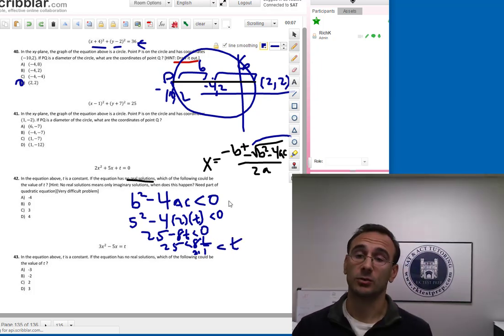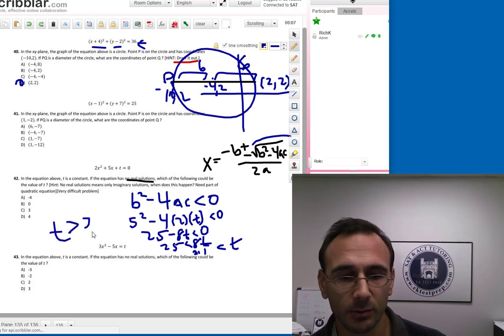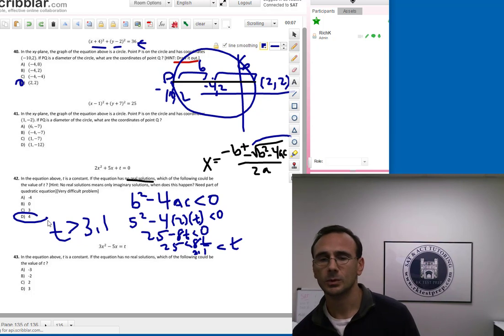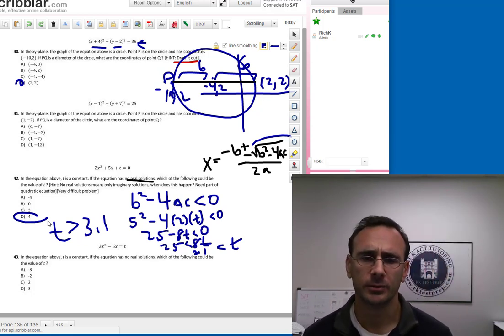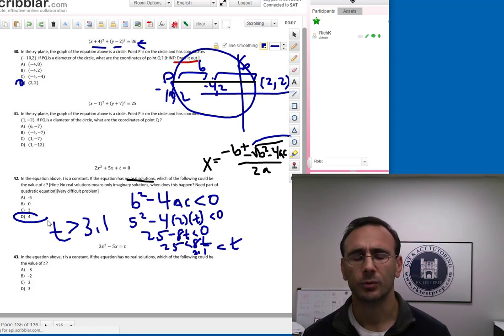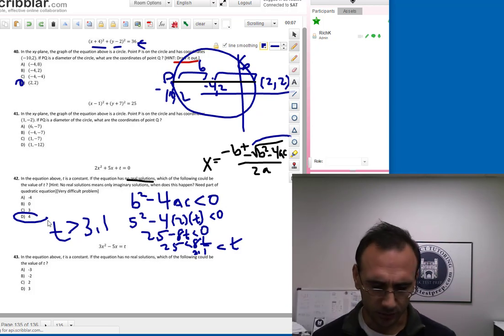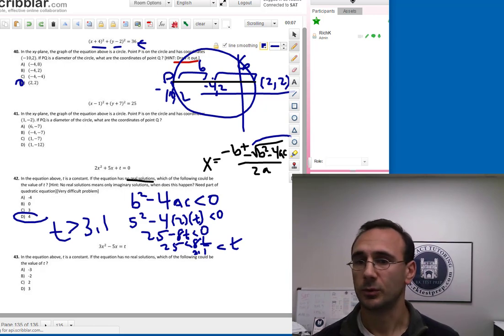So t is greater than 3.1. So if t has to be greater than 3.1, there's only one answer that can work. So whenever we have quadratics, terms with x squared in them, we want to know how we would get imaginary solutions. So that concludes the review here for these problems.